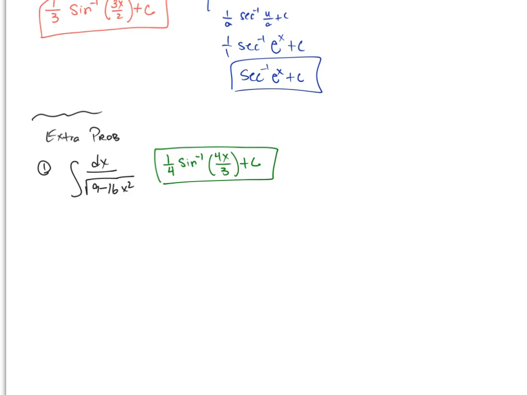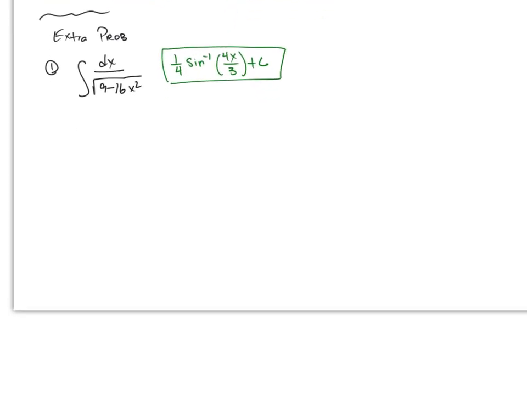Okay, let's do this. Over here, we are going to identify what the a and what the u are. In this one, a is 3, and u is 4x.